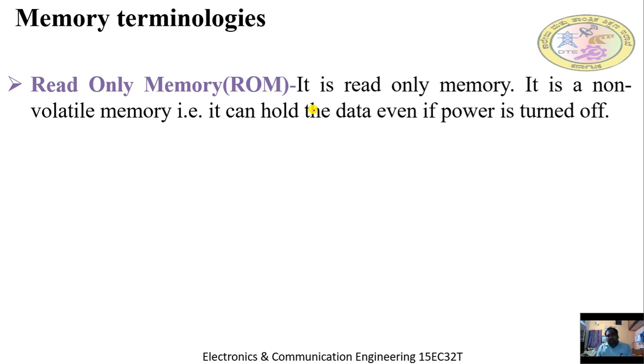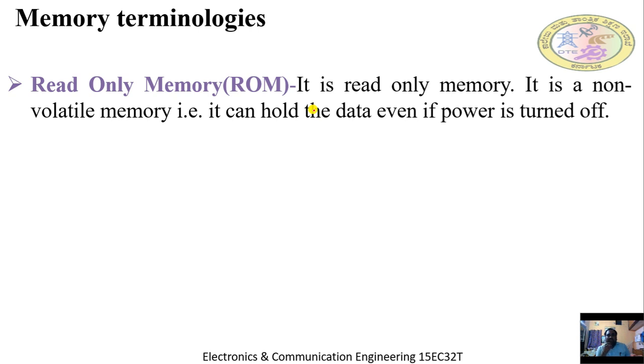General versions of the ROM can be programmed only once, and that is programmed by the manufacturer only. During the manufacturing process, the manufacturer will decide what the content of ROM should be. That was the previous case, the general versions of ROM.